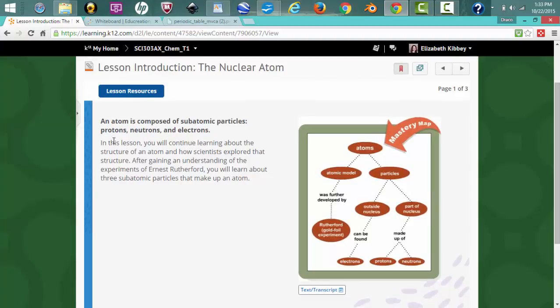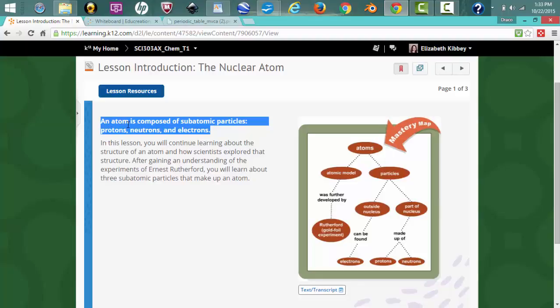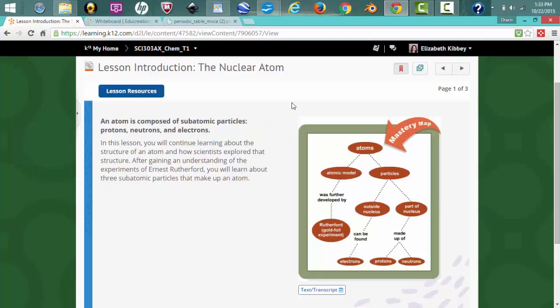An atom is composed of subatomic particles called protons, neutrons, and electrons. If we look over here at this mastery map, the atomic model was further developed by Rutherford, which was the gold foil experiment. Back up at atoms, into this branch, particles outside the nucleus can be found, which are electrons.